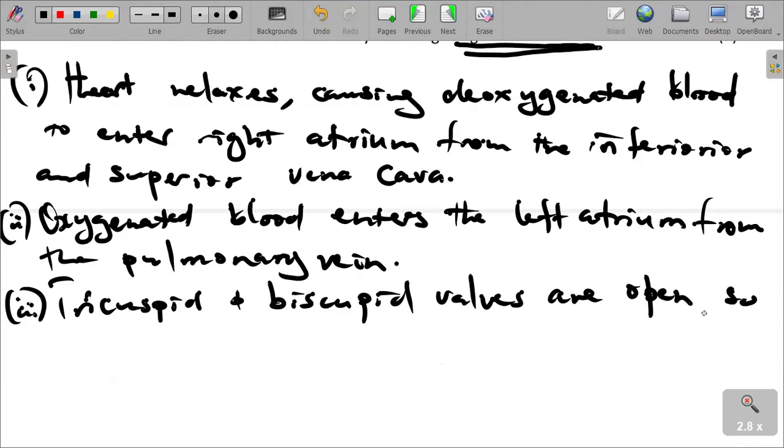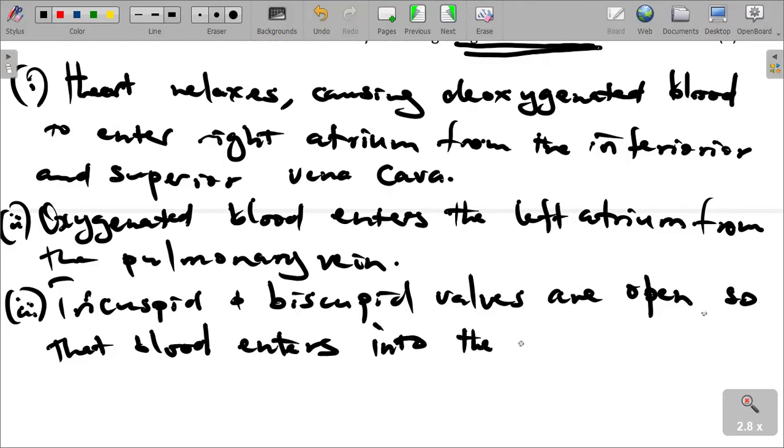Why are they opening? So that blood also moves into the ventricles. That is what is happening there.